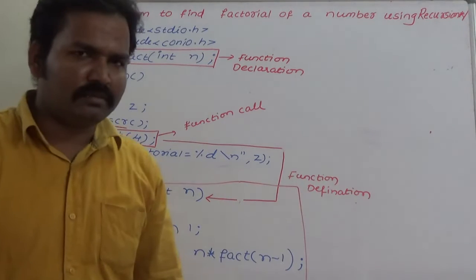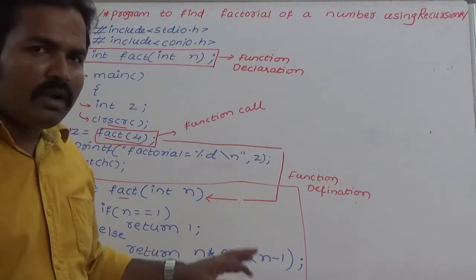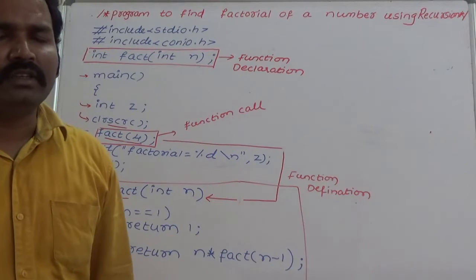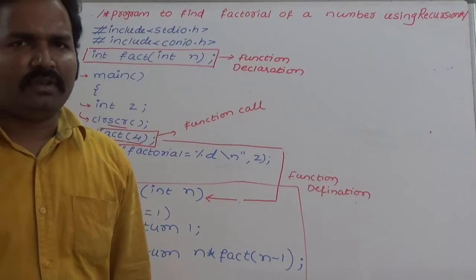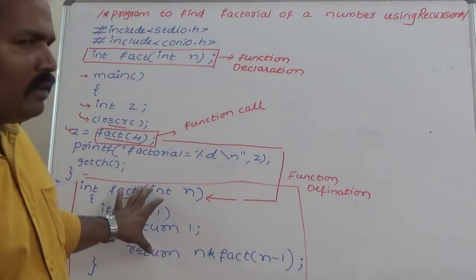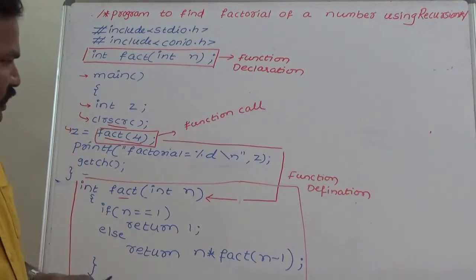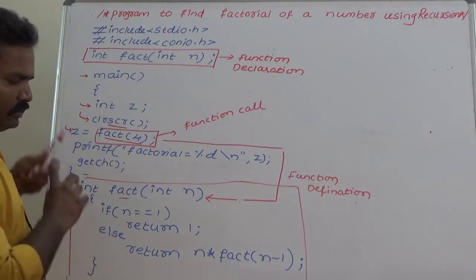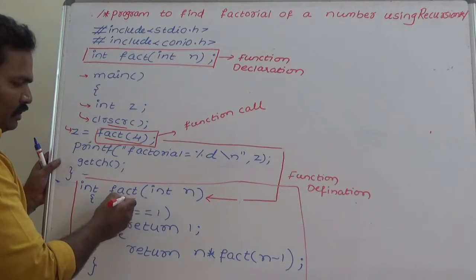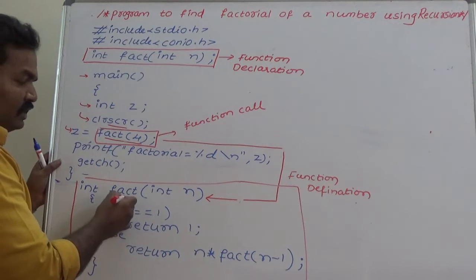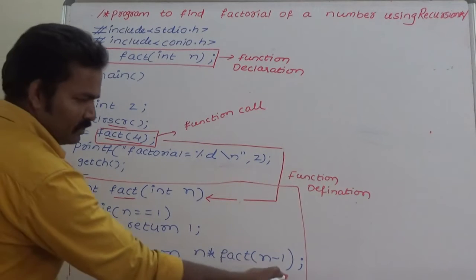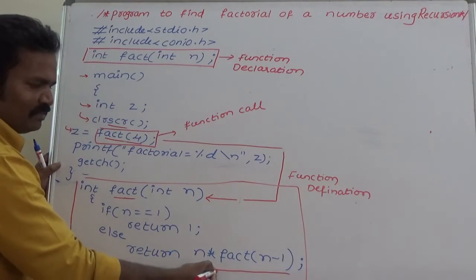What is recursion? If a function is called within the same function, that is called recursion. User defined functions are normally called from the main function, but if we observe this program, here a function is called within the same function.